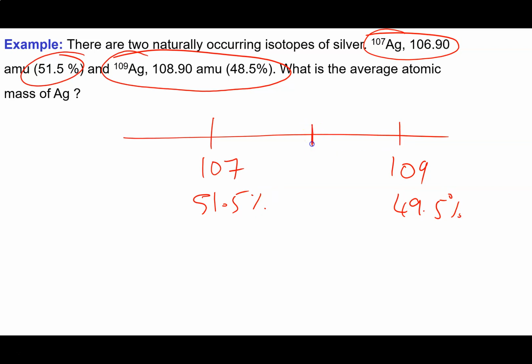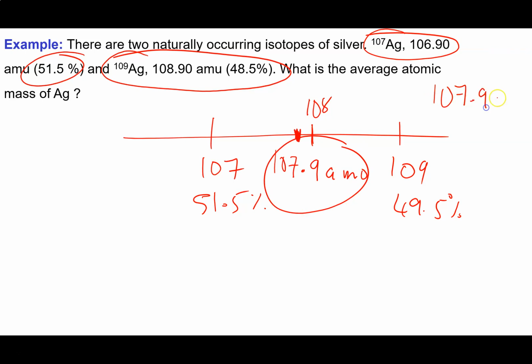So if it was 50-50, it'd be 108, but it's a little closer to 107. So I'm thinking it's going to be like 107.9 AMU. So that's my eyeballing it.